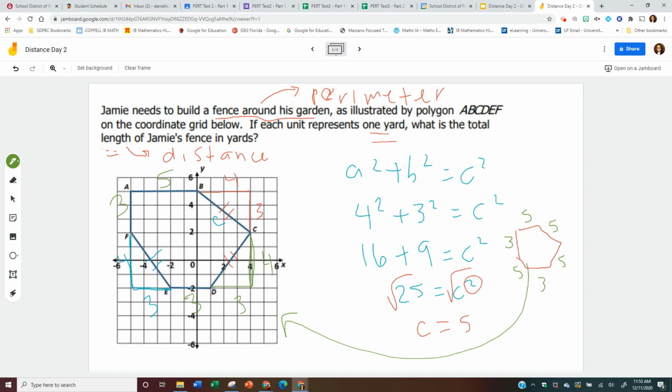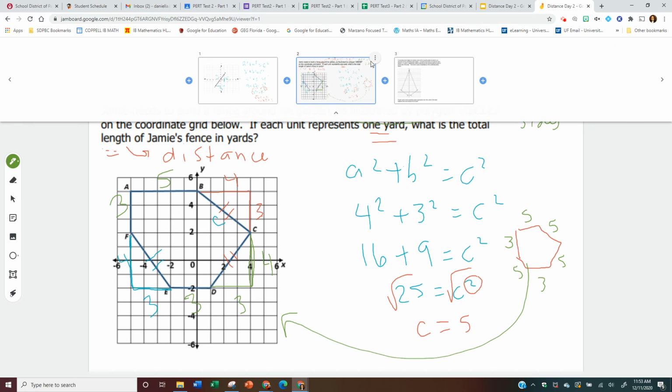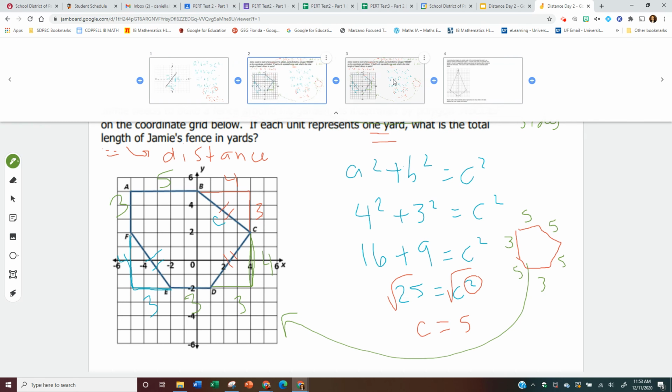So if I now need to find the perimeter, the perimeter means add all sides. So I'm going to add each one of these sides right here. Let me duplicate this so that I can make some edits.